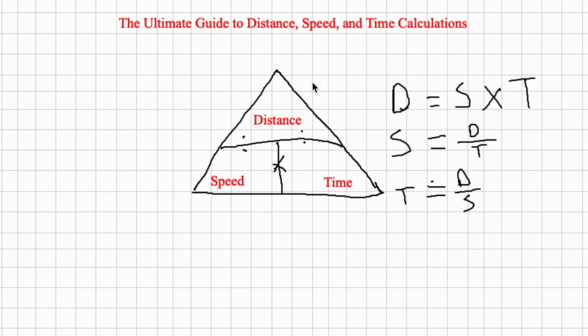So it's important to have this diagram memorized. If you understand it, let's move on to the example. If not, I highly recommend replaying that part and looking at the diagram and making sure you understand it.